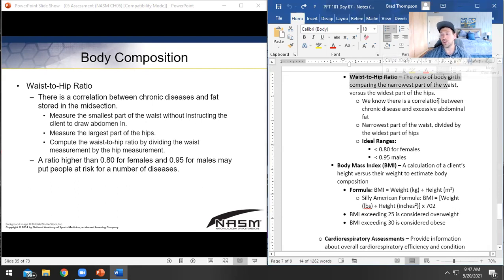So your waist to hip ratio is the ratio of body girth when you are comparing the narrowest part of your waist to the widest part of your hips. Your waist to hip ratio is actually really important in terms of your health. We know there is a correlation between certain chronic diseases and particularly abdominal fat. We know that obesity is obviously bad for us, right?